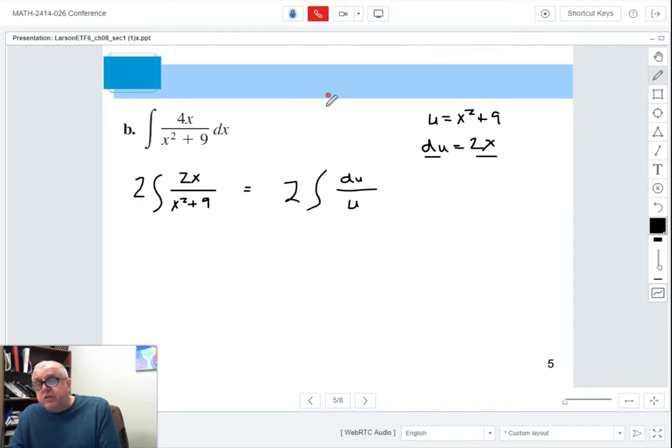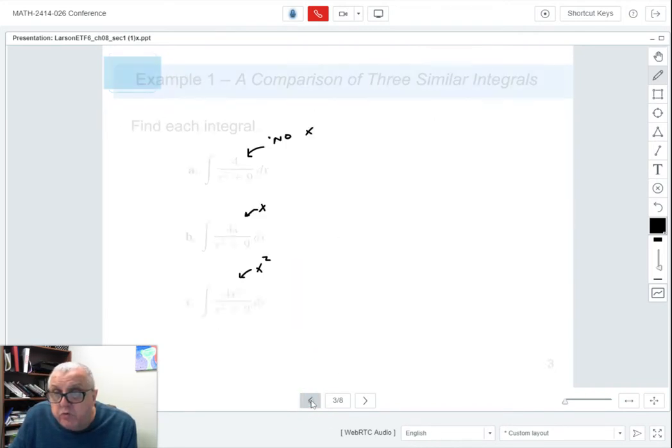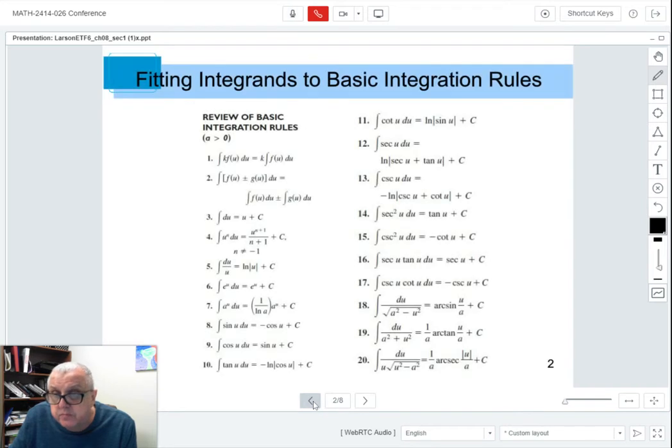So if I go to my formula sheets and look up integrating 1 over u, I have it right here in number 5. Do you see du over u changes to the natural log of u plus c? So that problem just changes to the natural log of u plus c.